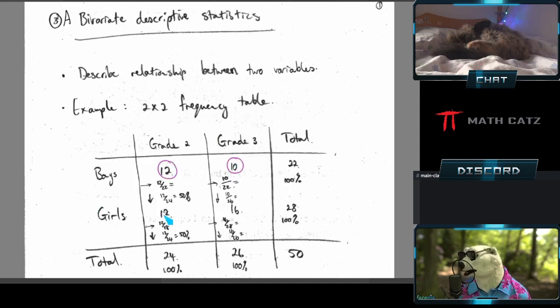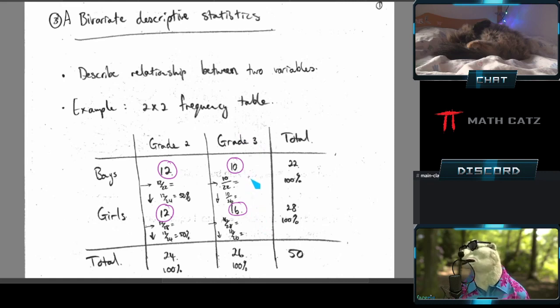So here's my original 4 numbers. And because I have 2 variables, they sort of have overlap in different ways.